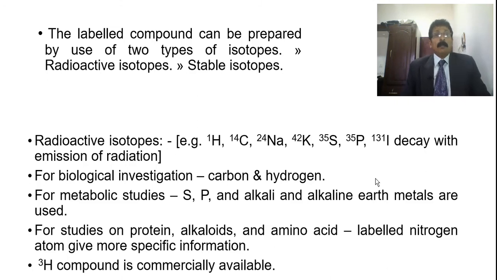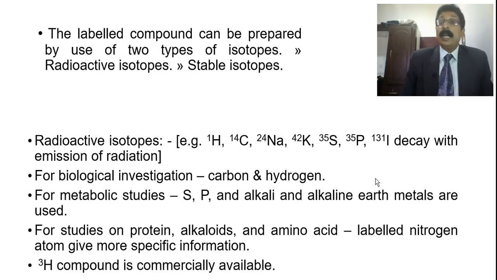For biological investigation, we can use carbon and hydrogen. For metabolic studies, sulfur, phosphate and alkali and alkaline earth metals are used. For studies on protein, alkaloids and amino acids, labeled nitrogen atoms give more specific information. And hydrogen, that is tritium H3 compound, is commercially available for various experiments.